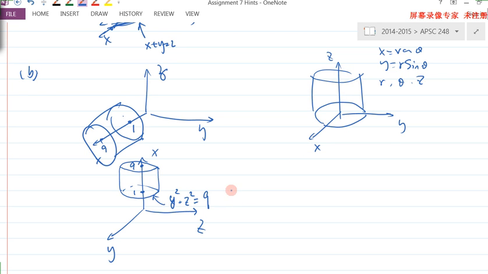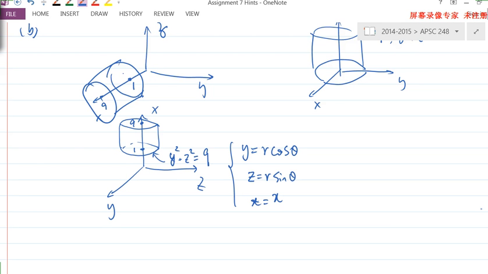So in other words, the cylindrical coordinates for this one is y equal to r cosine theta, z equal to r sine theta, and the third coordinate x equal to x, right? So that's the set r, theta, x, the cylindrical coordinates here.